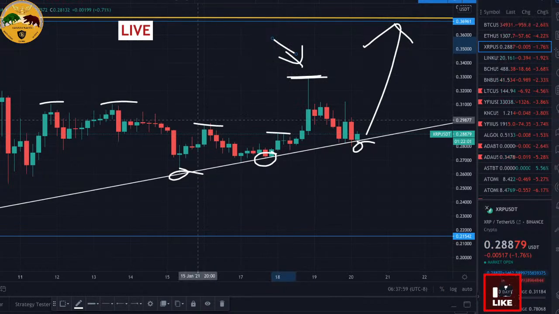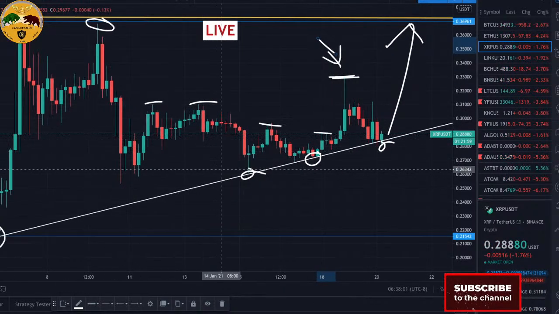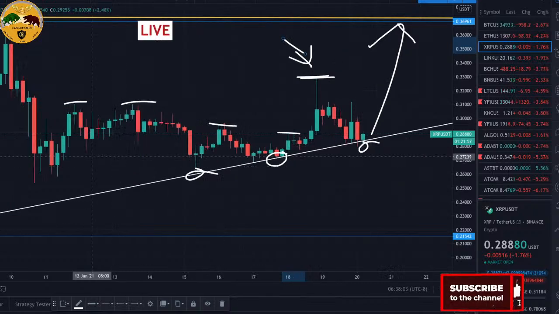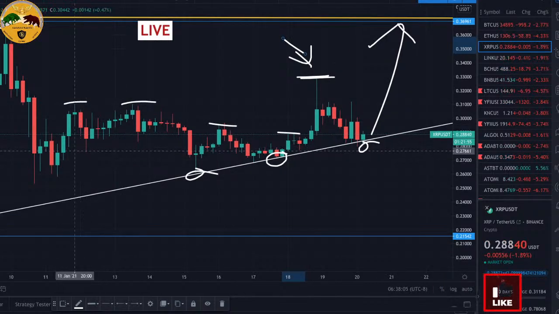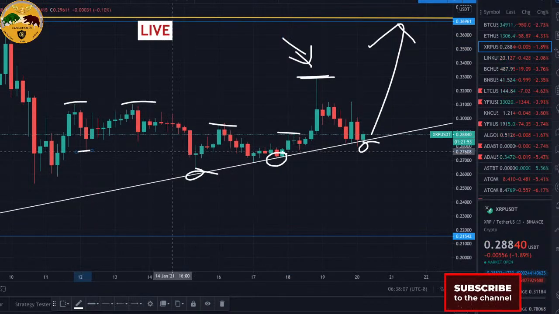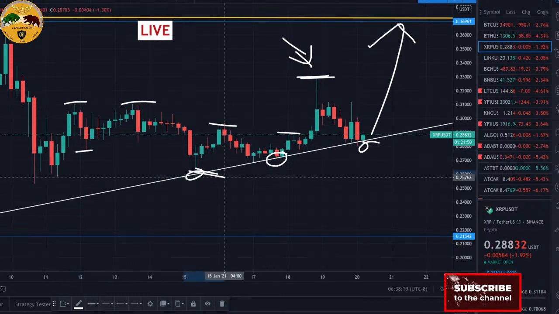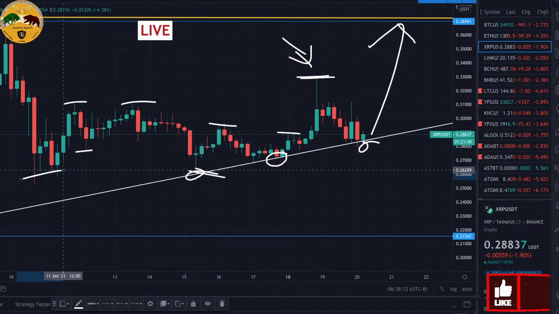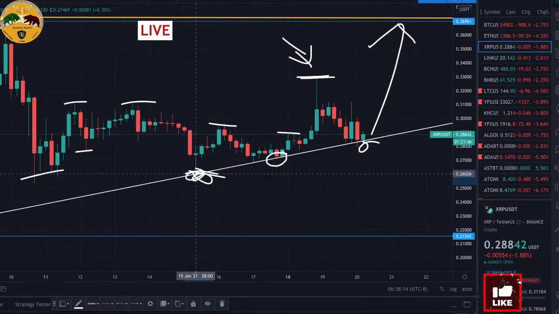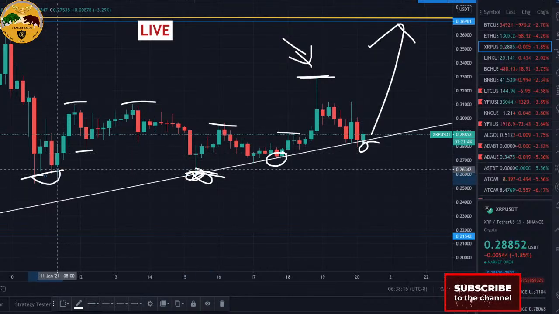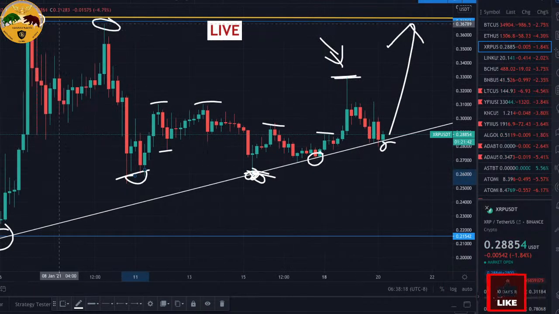But on the bull side, we see that right here from this point, because from this point we had a lower low, right? This is a low, right? This low here is lower than this low here, right? You can see this low right here is lower than the low here, right? Telling you that there was sell pressure when price was making its way down.